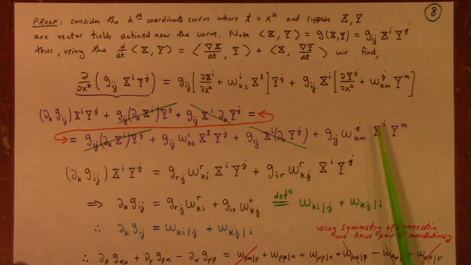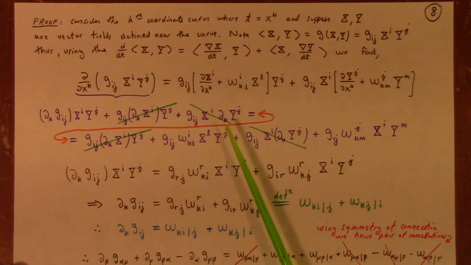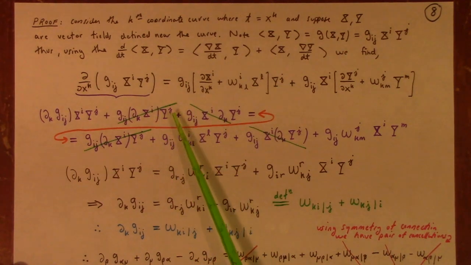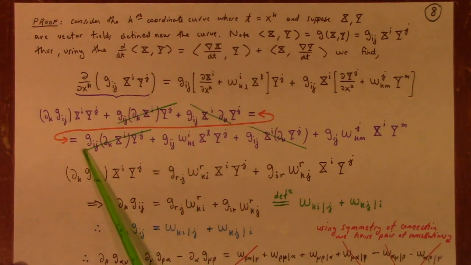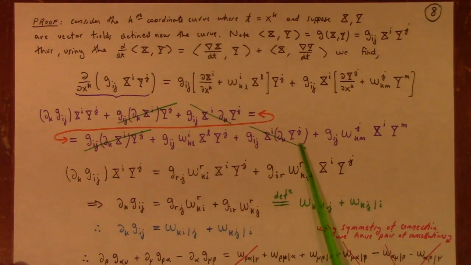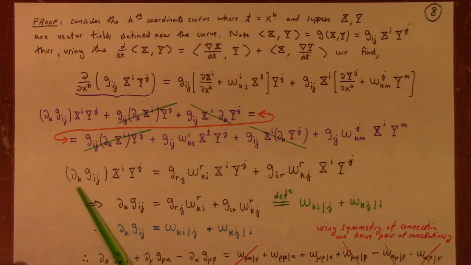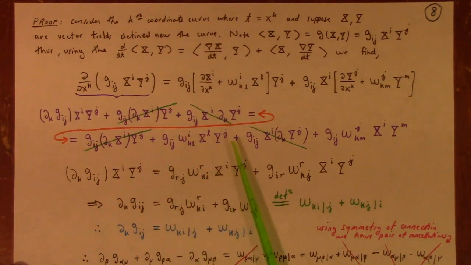After relabeling indices perhaps, this cancels with that, and that cancels with that, which just leaves us with partial k gij equal to this plus that.